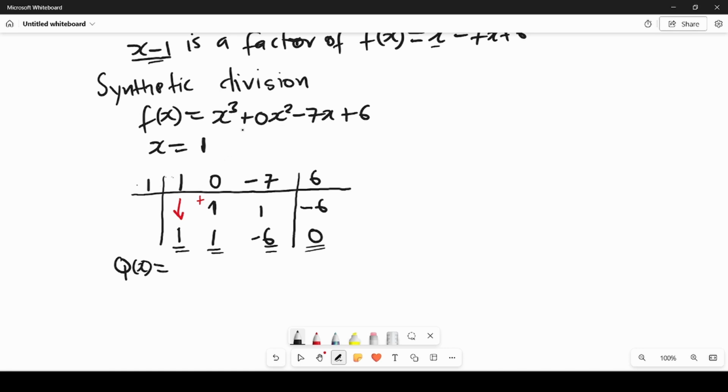The given polynomial has the highest degree of 3, so the quotient will be a degree less, which is 2. The coefficients are 1, then 1x, which is just x, then minus 6. So the quotient is x squared plus x minus 6. This is our quotient.